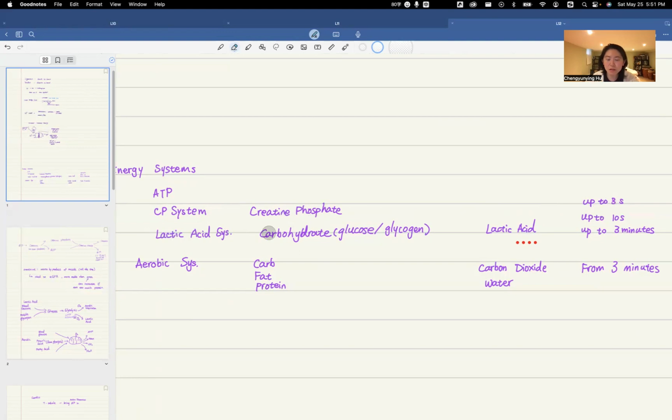That uses carbohydrate, the glycogen in the liver and glucose in the muscle and bloodstream, and that will create lactic acid. That can hold you up to 3 minutes. If it's more than 3 minutes, we need an aerobic system that will use carb, fat, and protein, and carbon dioxide and water will be the byproducts.